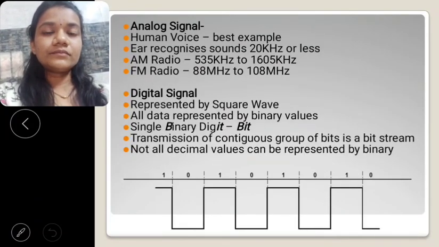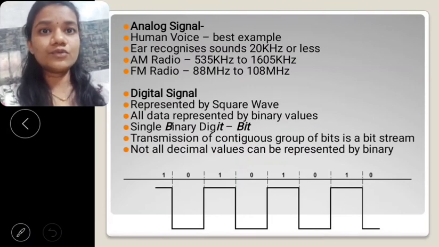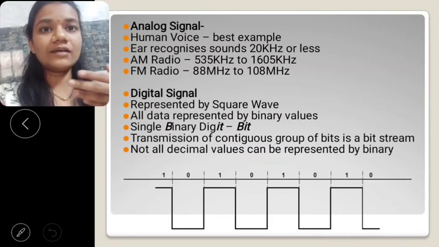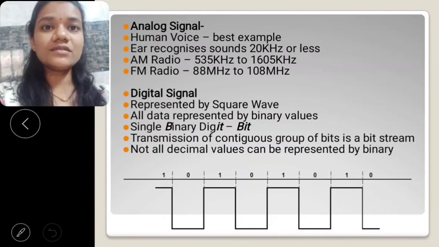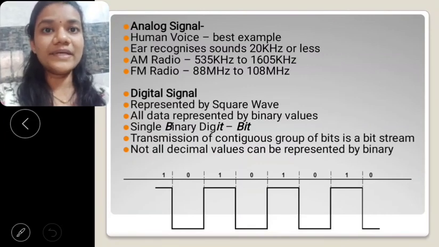Now what are the examples of analog and digital signals? If we practically think about an analog signal, then our voice, right now I am talking with you, is the best example of an analog signal.